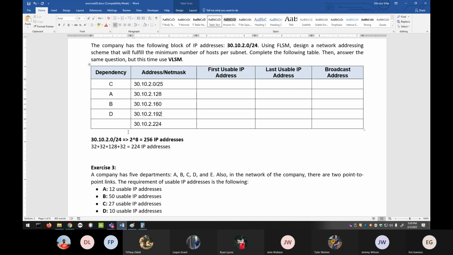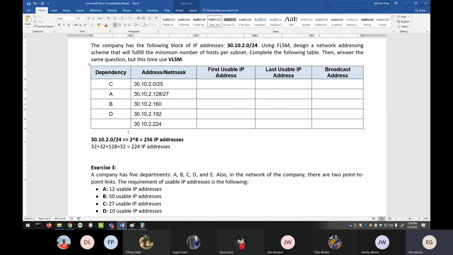Okay? Now, should I put /24 here? /27, why? Because we want to give 32 IP addresses.